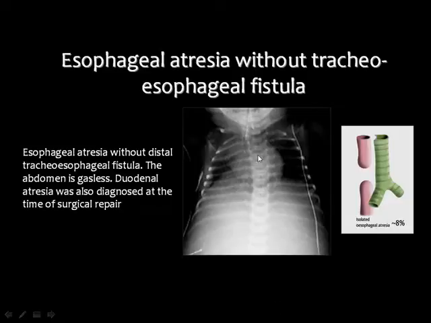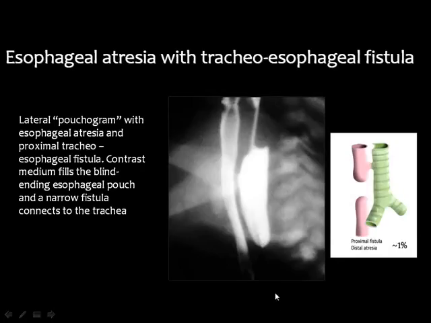But if you see that the nasogastric tube is stopping upward in the esophagus, where a blind pouch is present, and you look in the abdomen and you don't see any air pattern, then you know that there is no communication between the esophagus and the trachea, and this is without tracheoesophageal fistula. Then if you introduce barium, you may be able to see the direct communication between the esophagus and the trachea, as in this particular case.